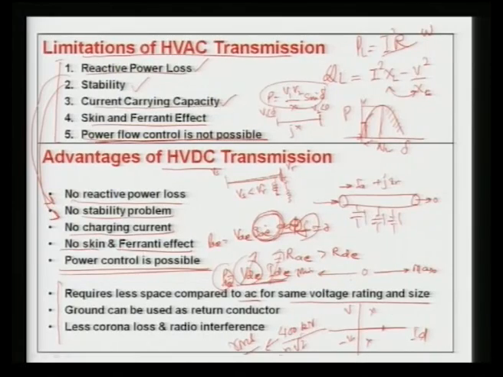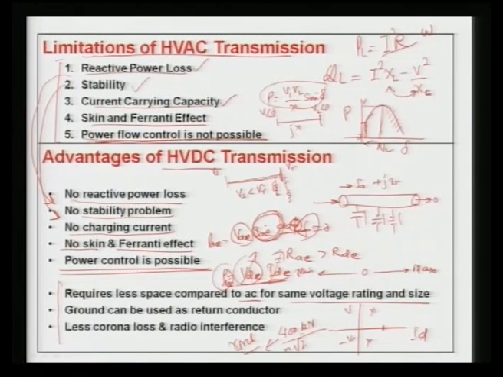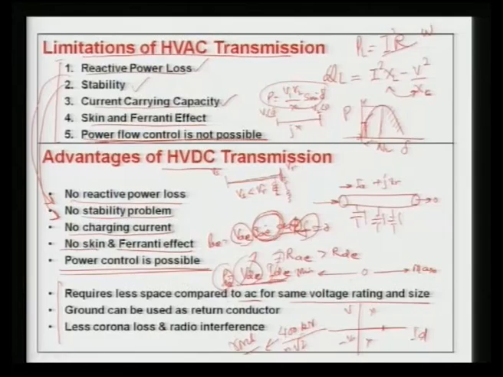So you require less space, for example for insulators, cross arms, and substation clearances, in DC, because we always have to consider the peak voltages for the AC system.